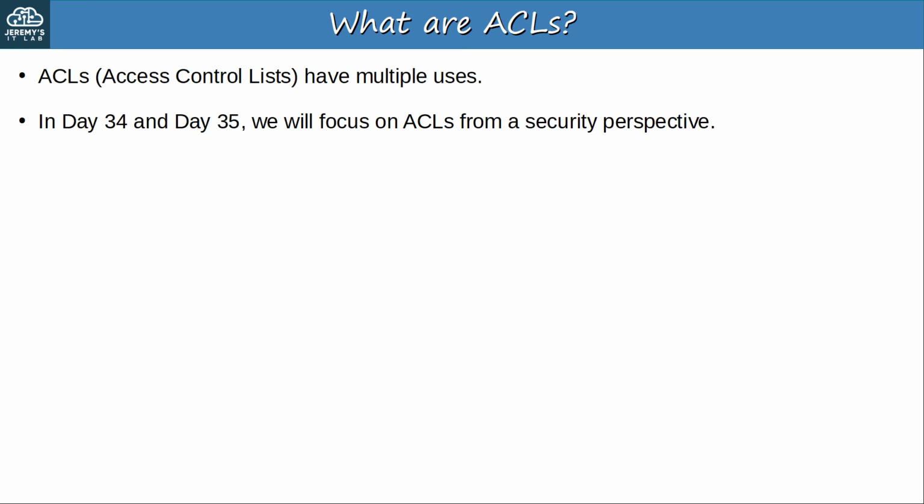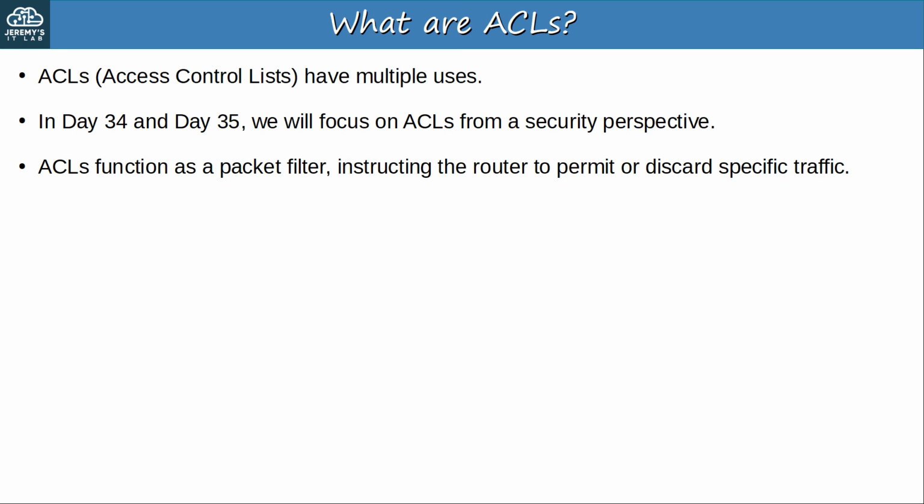However, although that is the main purpose of ACLs, that's not the only purpose. Later in the course, you'll see some other uses of ACLs. But for now, we'll focus on ACLs from a security perspective, controlling who has access to different parts of the network. So, when using ACLs in this way, ACLs function as a packet filter, instructing the router to permit or discard specific traffic.